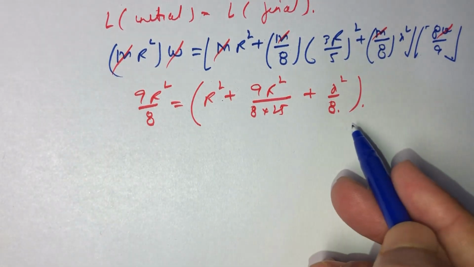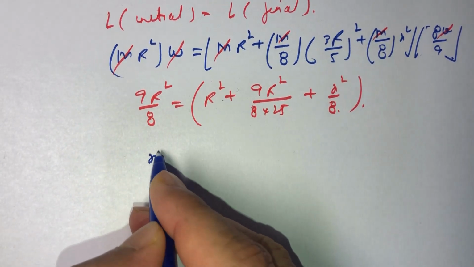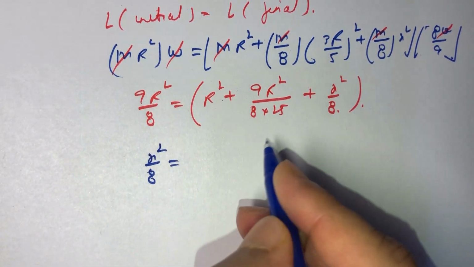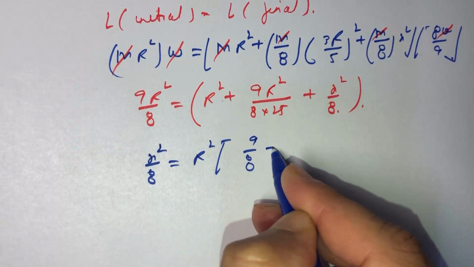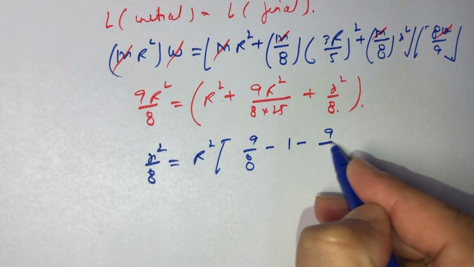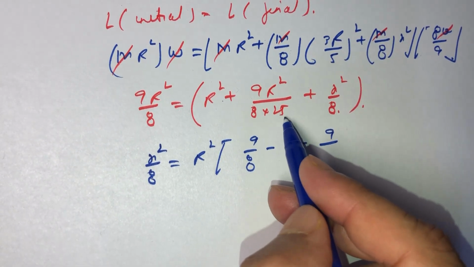Okay, we can further solve it, making left and right adjustment. We can say that our x square by 8 will be equal to r square as common. We get 9 by 8 minus 1 minus 9 by, this will be coming as 200.